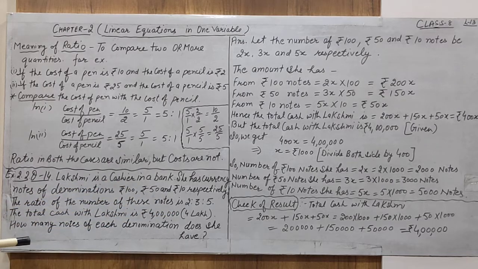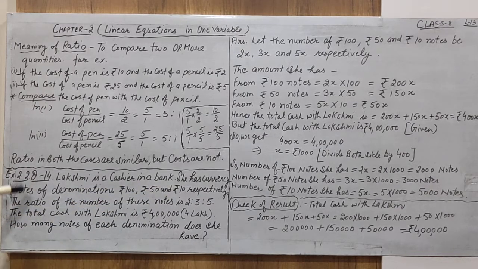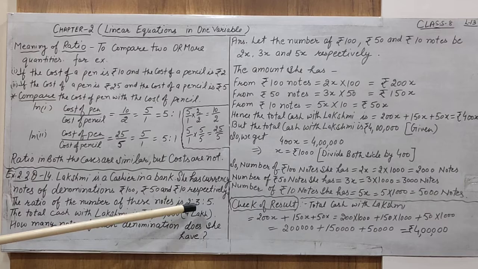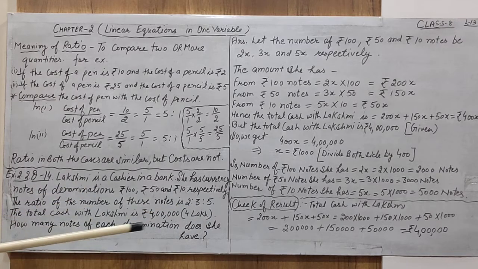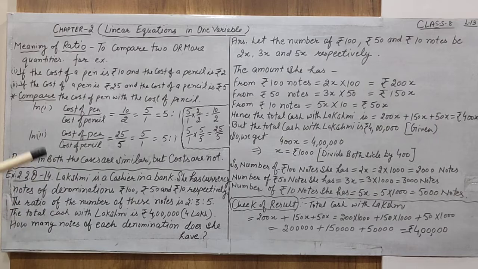We have to find out the number of notes of each denomination. Denomination means 100 rupees, 50 rupees and 10 rupees. Before we start with the solution of this question, first of all understand the meaning of the ratio and how we have to use this ratio in this question.